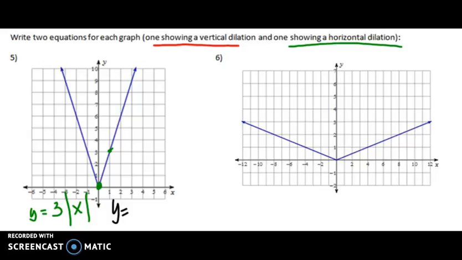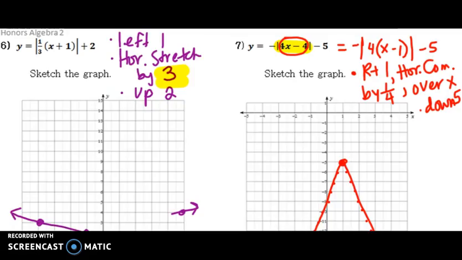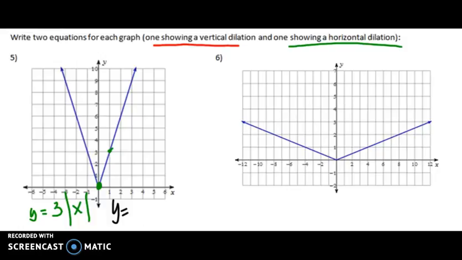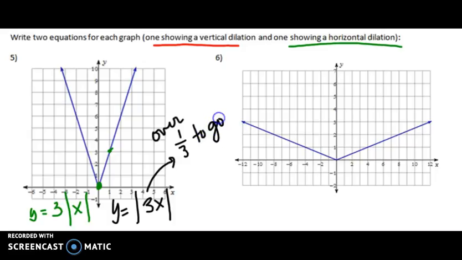So if you think about what we just did on this last problem, where it had a 4 on the inside and we were moving by fourths, that's going to show a 3 on the inside as well. So this is going to be y equals 3 absolute value of 3x, because this shows that we're going to be going over 1/3 in order to go up one.